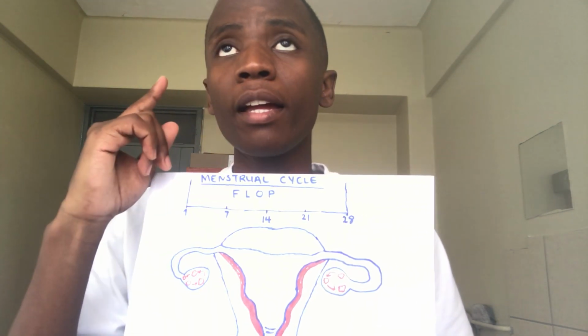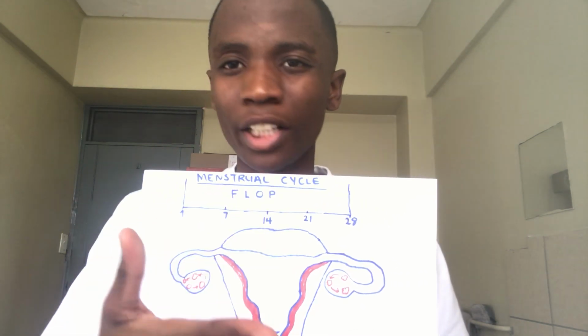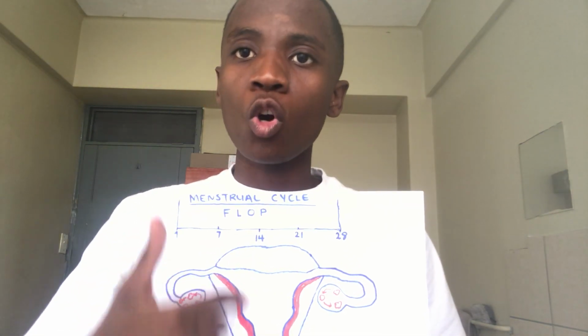If the egg is not fertilized, what is going to happen? The egg is going to degenerate. Okay, meaning that the process is going to go on, and the corpus luteum is going to shrink and degenerate, and stops secreting the progesterone.